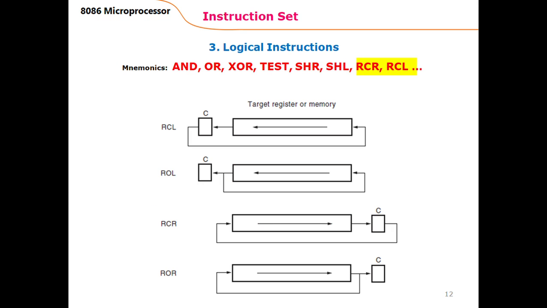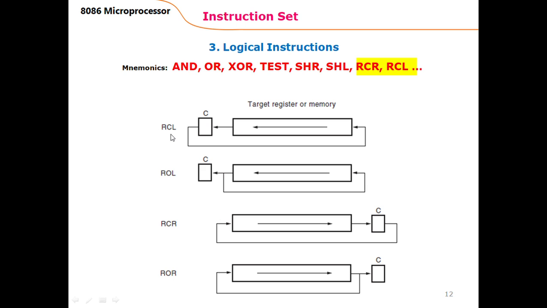And finally, we have the rotate instruction. So with this rotate instruction, mainly there are two types: rotate right and rotate left. But then for each rotate, there is a rotate left, and there is a rotate left through the carry. So this is rotate left through the carry, and this is rotate left. And similarly, this is rotate right through the carry, and this is rotate right.